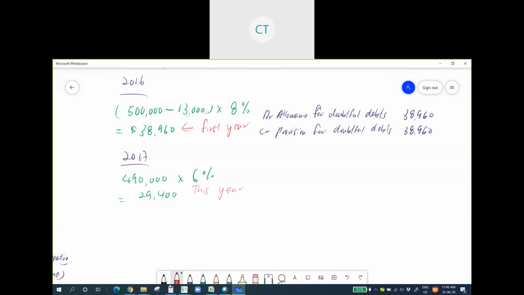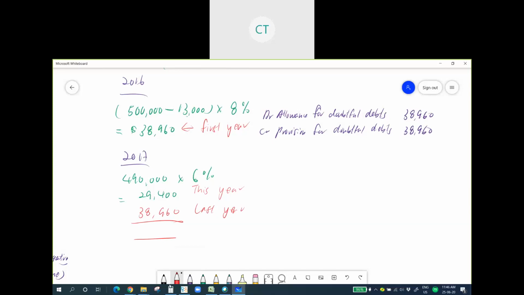When this is a subsequent year, we have to do comparison. We have to compare with last year's amount. Last year's amount is 38,960. So class, tell me, compared to previous year, our provision for doubtful debts, increase or decrease? Decrease, right? Very obvious.